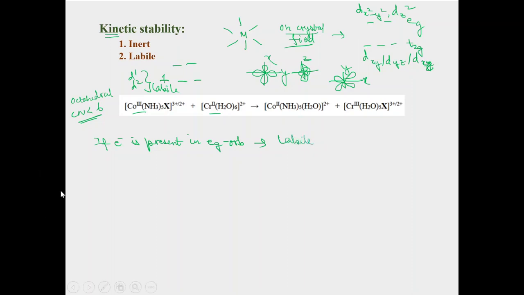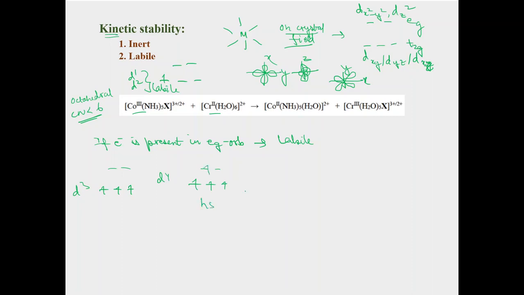Okay, so d1, d2 is labile. d3, 1, 2, 3, d3 is not labile. All three electrons are filled in the T2g orbital, whereas in d4 there are two possible ways, right?